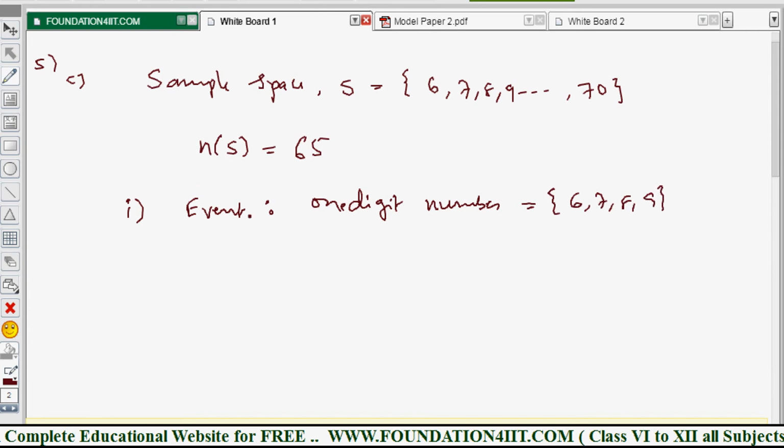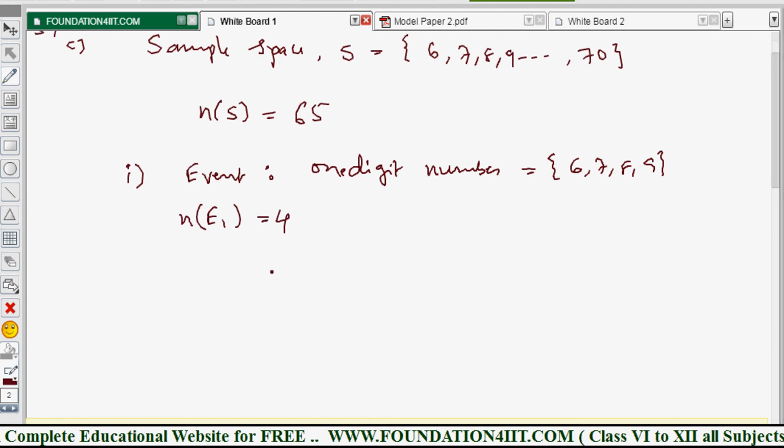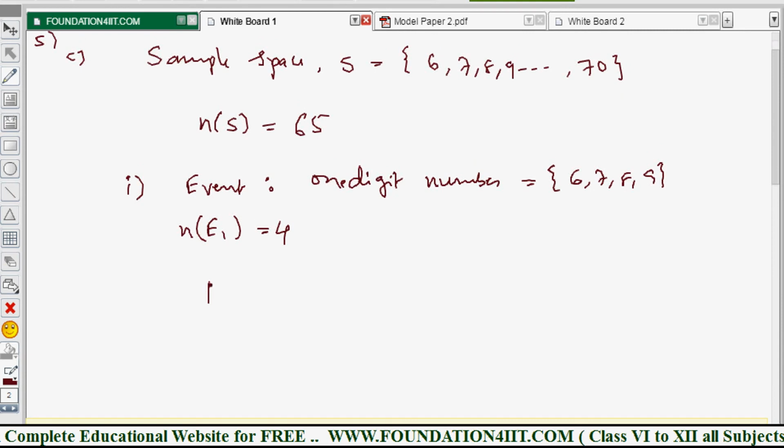From 10 onwards, they are 2 digits. So let's take event E1. Then n of E1 is equal to 4. The required probability of that event is n of E1 by n of S, so 4 by 65 is the probability of the card drawn being a one digit number.